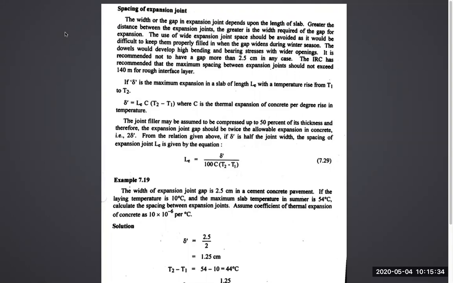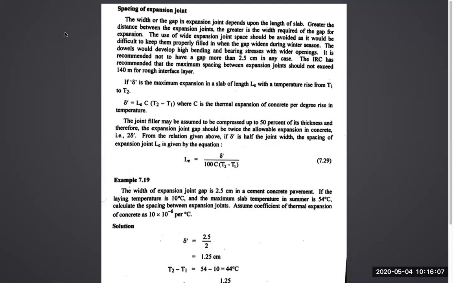Okay. So as I told you, the important aspect of joints is with respect to the transverse joint, and that too the expansion joint and contraction joint. So problems or design on these two aspects will be asked, and they are important from the exam point of view. Okay. So spacing of these joints mainly depends on the temperature variation, and it depends on the length of the slab.